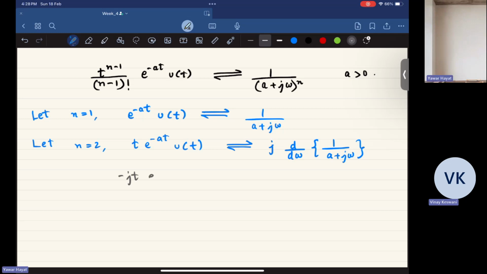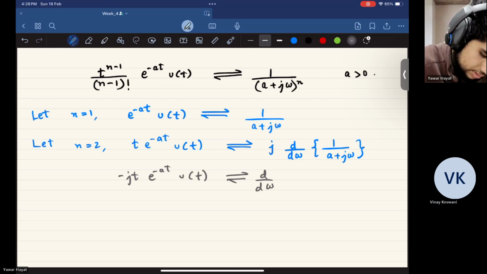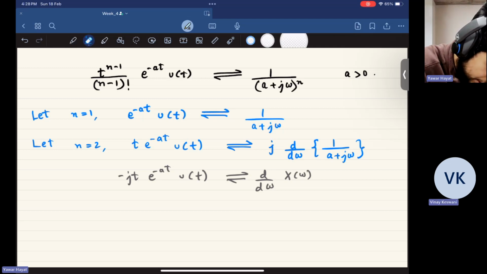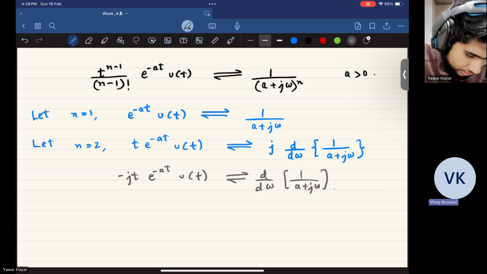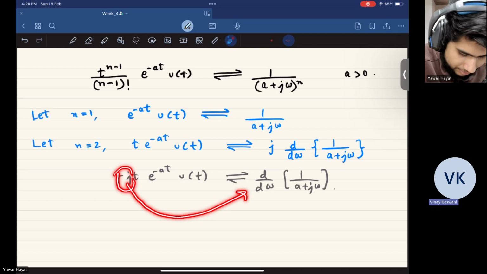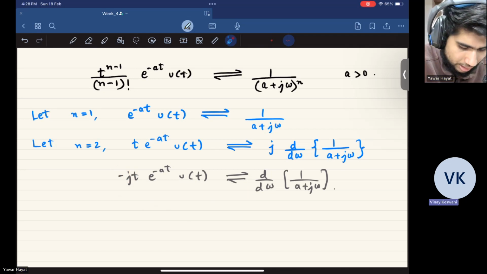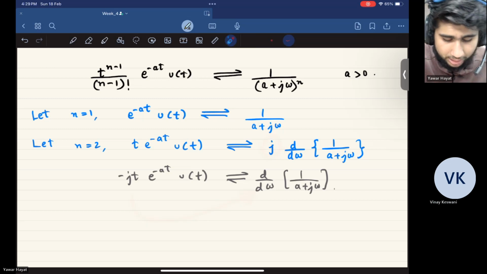Minus jt e to the power minus at u of t corresponds to d by d omega of x of omega, but x of omega is 1 by a plus j omega. Then minus j is 1 by j, and what will happen to that 1 by j when I take it to the other side? That would be j, right?